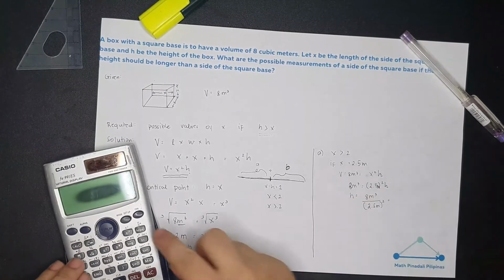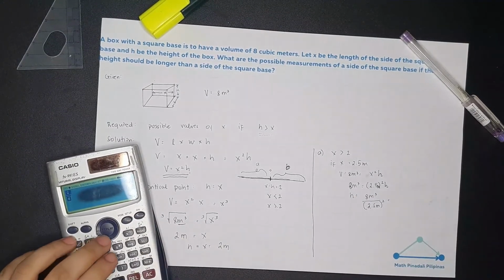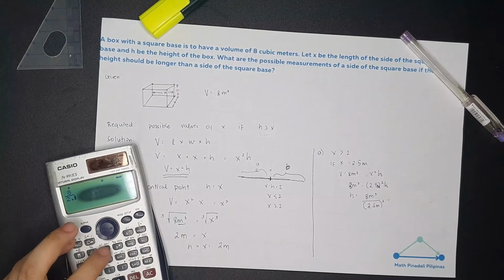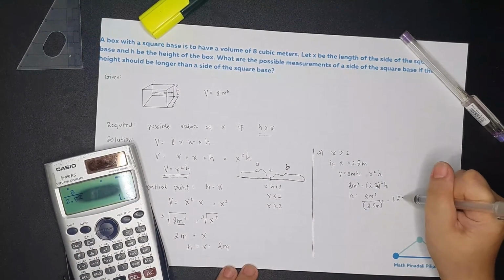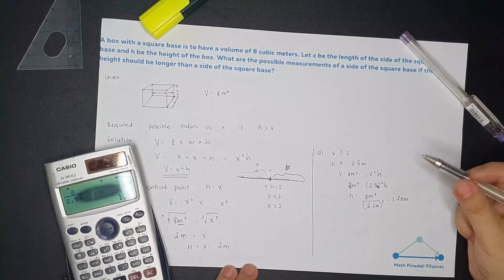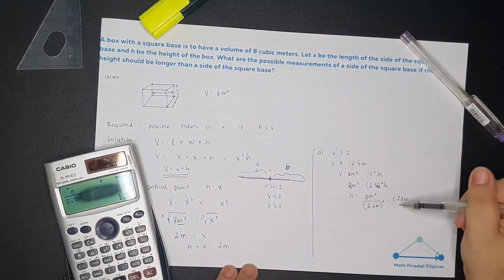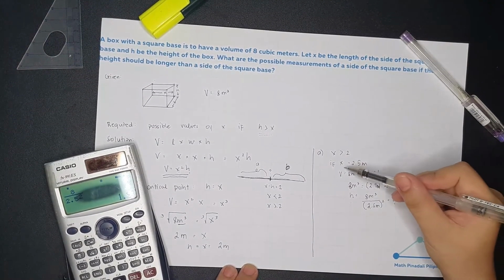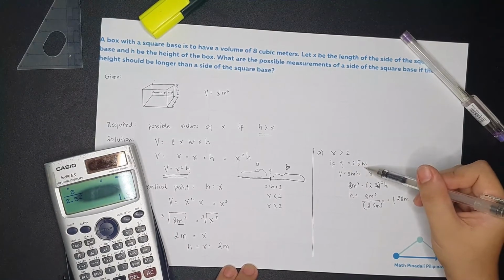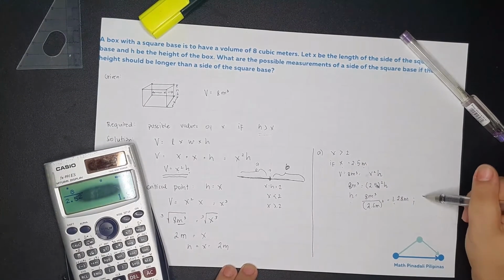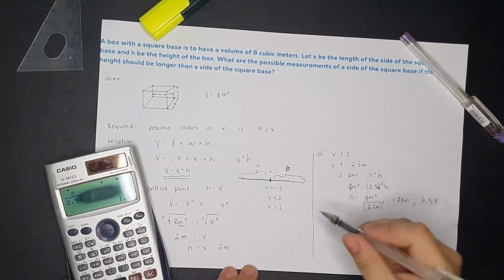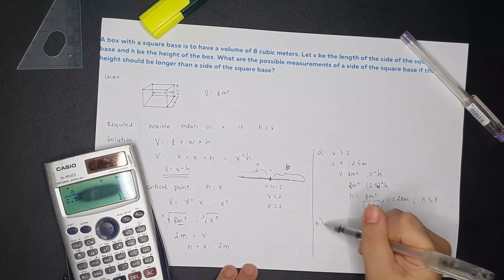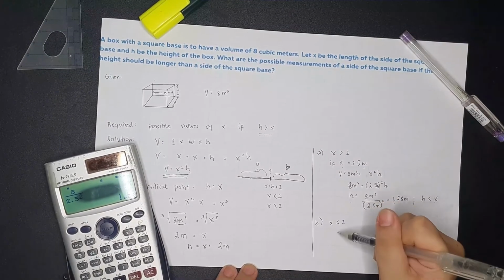The value of h is equal to 8 divided by 2.5 squared. It's going to be 1.28 meters. So h is equal to 1.28, x is equal to 2.5. So therefore here, h is less than x. So it's a no. What if x is less than 2?